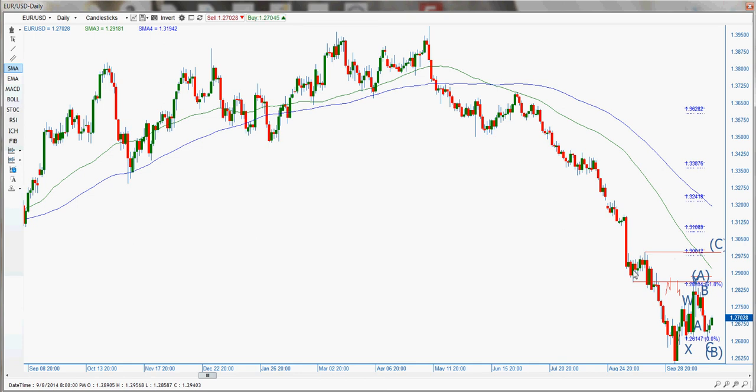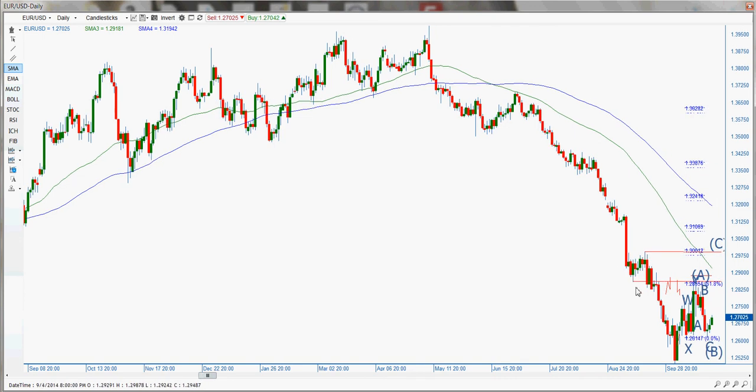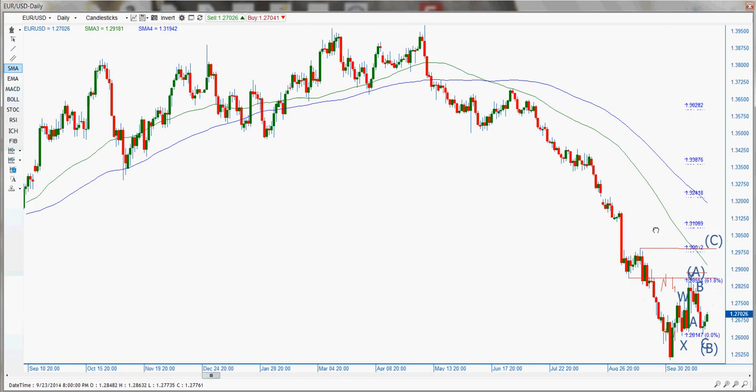Is that correct? Yes, 28.58. Still 150 pips above us. Maybe this is where you want to book half of your profits, and you raise your stops for the remaining half, and you let that climb up to 130 or higher, depending on the conditions of the market.